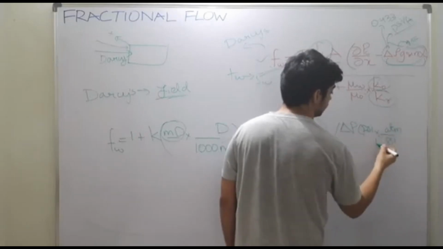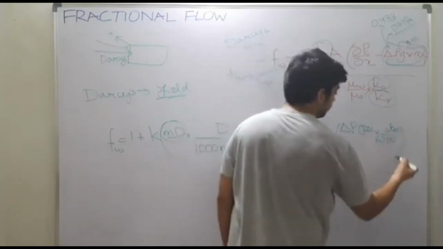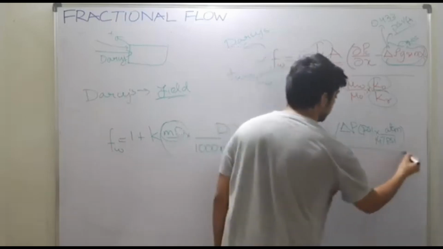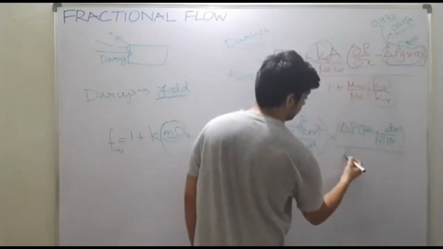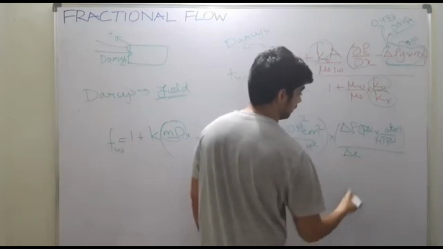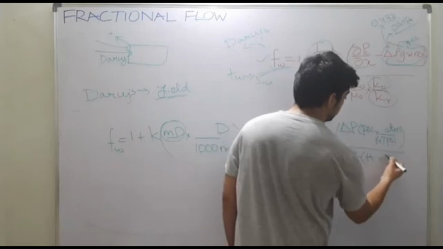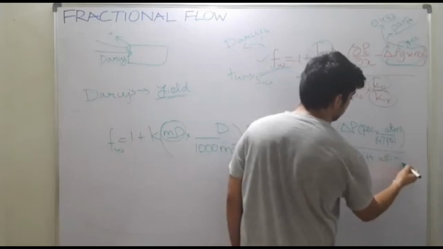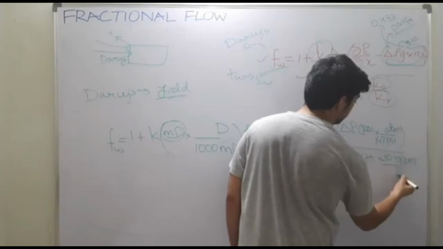So 1 ATM is equal to 14.7 psi, divided by length, feet into 30.48 centimeter divided by feet.